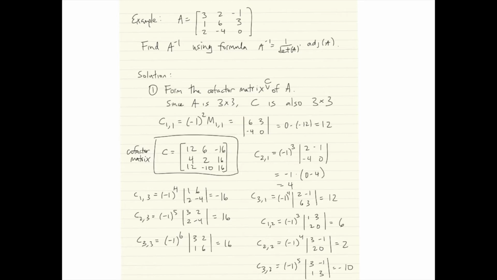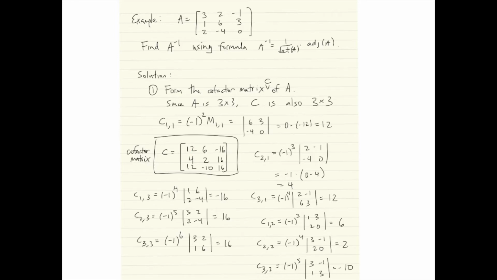The vertical lines mean take the determinant. So the product of the diagonal, subtracted by the product of the off diagonals, and so we get 12. -1 squared times 12 is just 12. So that's the number that goes in the 1,1 position of the cofactor matrix.